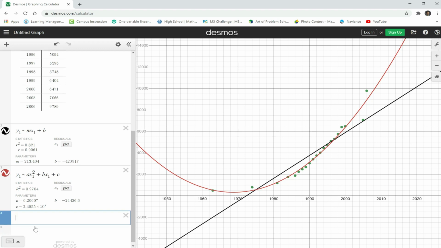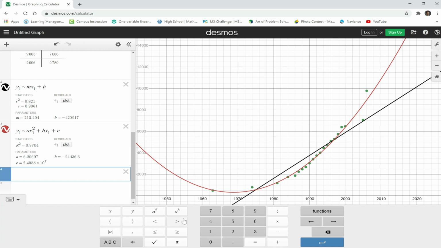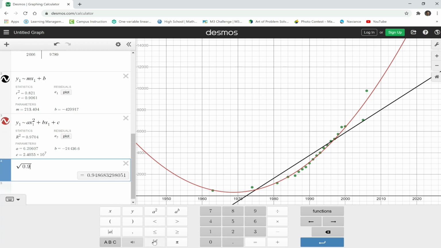We don't see the r value, but we can take a square root of that to find the r value. So the square root of 0.9704, and this is a really strong fit, 0.9850. So it's considerably better than the linear model.